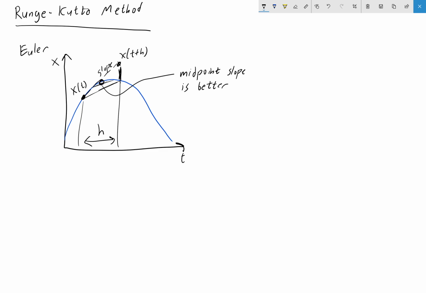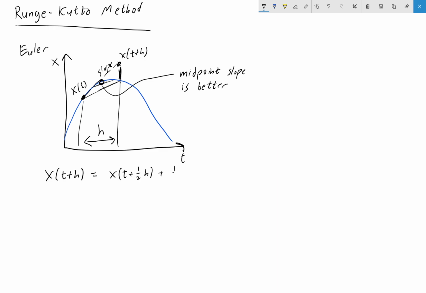And to prove why it's better, what we can do is a Taylor expansion, which is what Euler's method is based on. Euler's method uses the first extra term in the Taylor expansion, the derivative term. So let's look at Taylor expanding using the midpoint. If I go forward to t plus h using the midpoint, then that value to 0th order would be the midpoint.